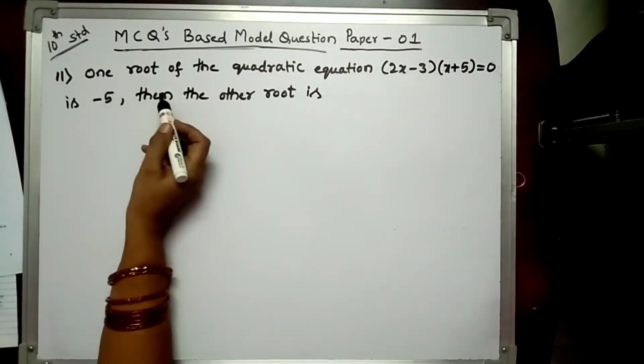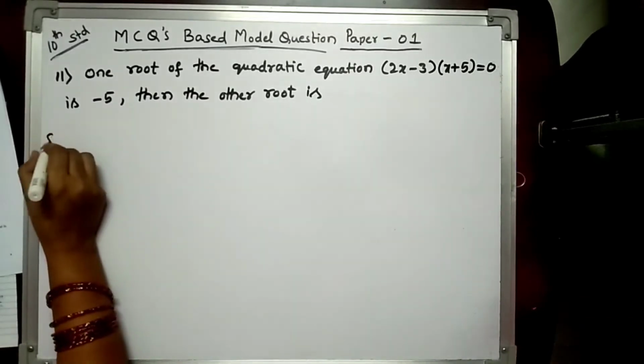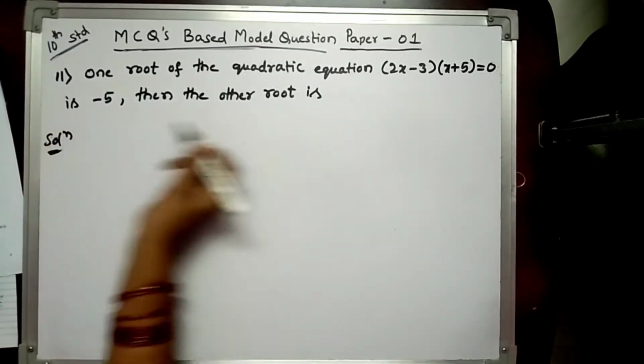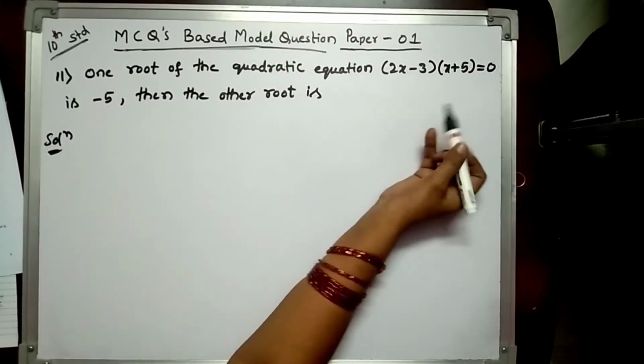One root of the quadratic equation (2x minus 3)(x plus 5) equals 0 is minus 5. Then the other root is, here they have given two factors, 2x minus 3 and x plus 5 equal to 0.